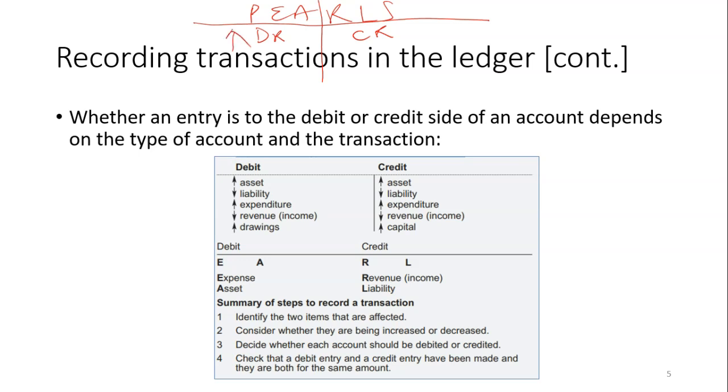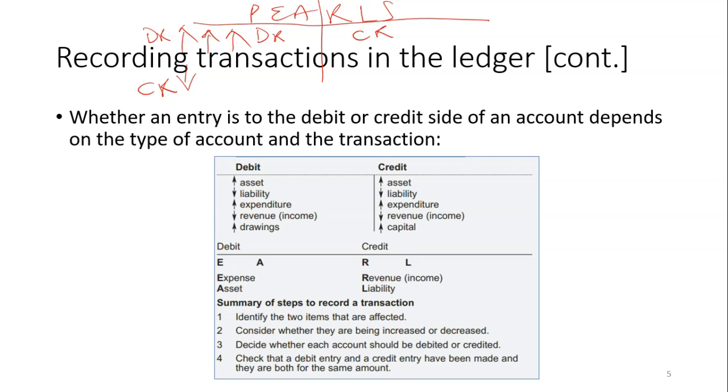If we want to increase expenses or purchases, we debit them. If we want to reduce them, we credit them. So debiting purchases, expenses, or assets means we are increasing them. But when we want to reduce them, we credit assets, expenses, or purchases.